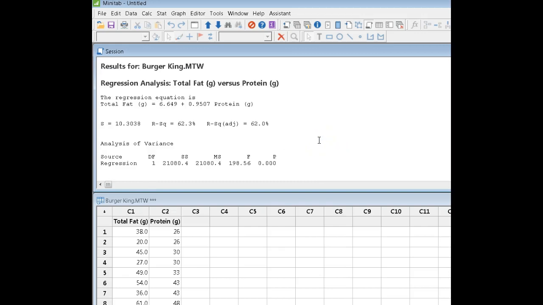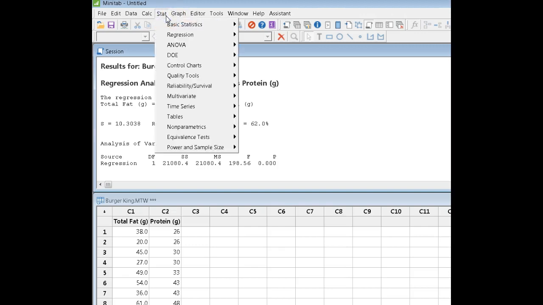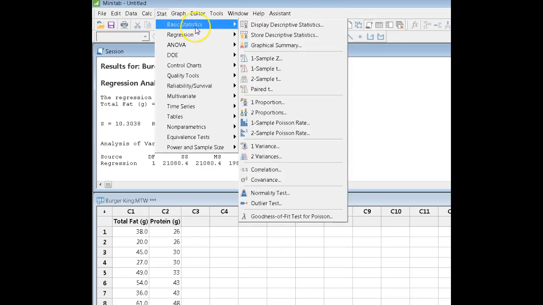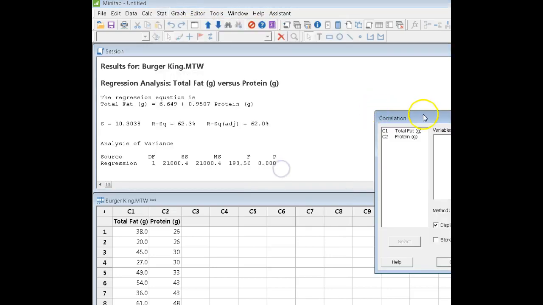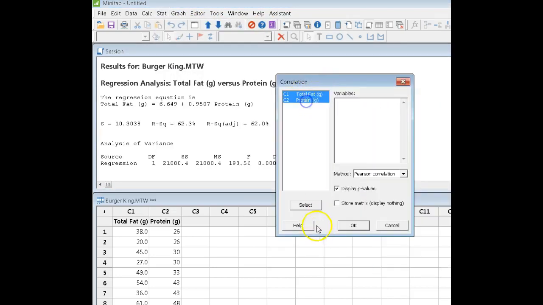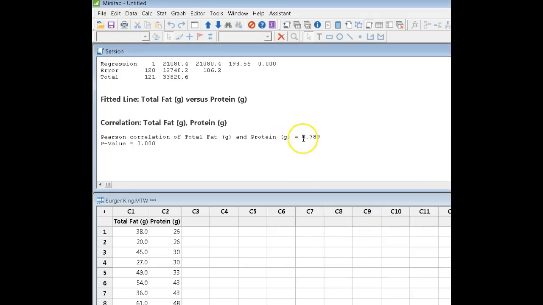The other thing that you're going to find in your notes is a relationship between R-squared and the Pearson's correlation coefficient. Now, if I want the Pearson's correlation coefficient between these two variables, I'll go Stat, Basic Statistics, Correlation. I pick these two, say OK, and what is my R value?